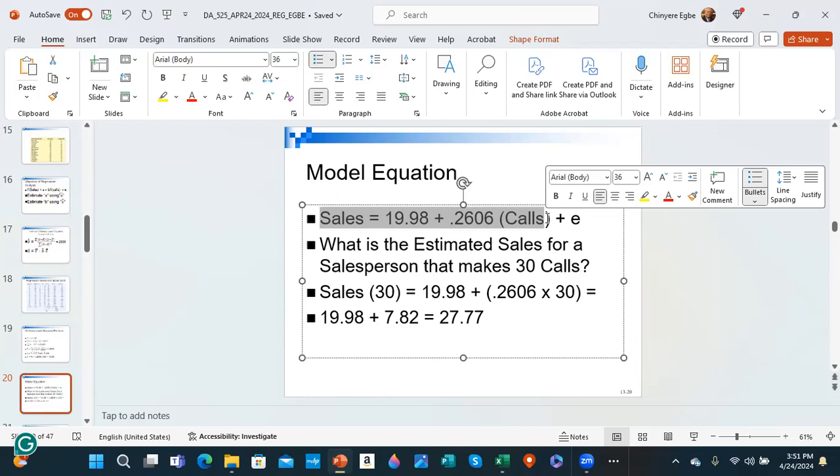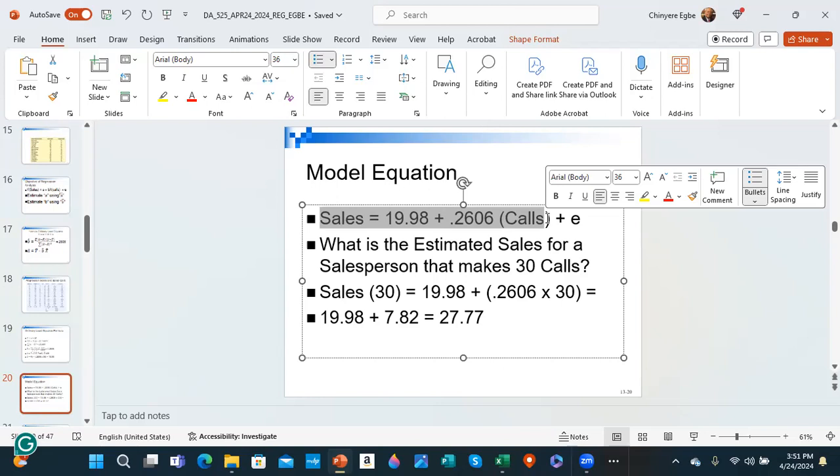So what is the estimated sales for a salesperson that makes 30 calls? This is how we use the regression model to predict the number of copiers that a salesperson will sell.